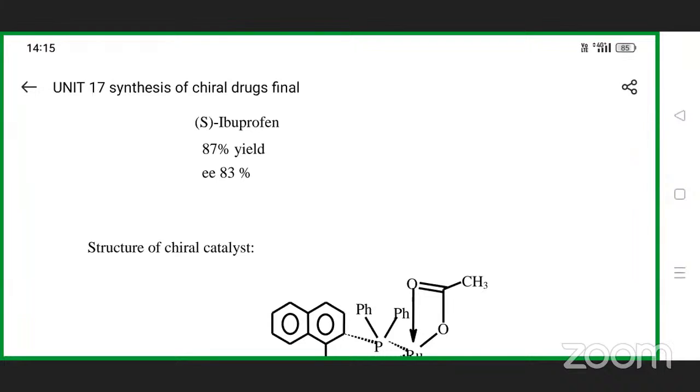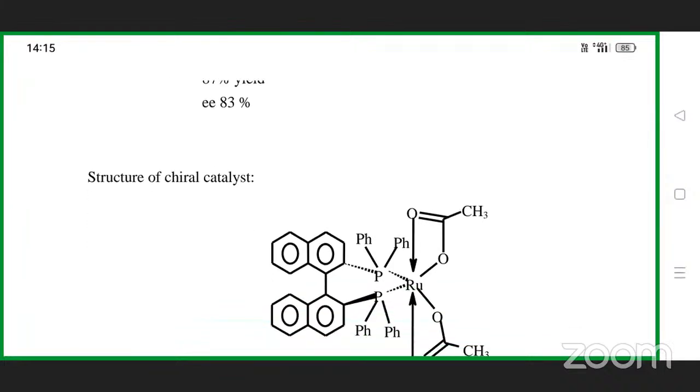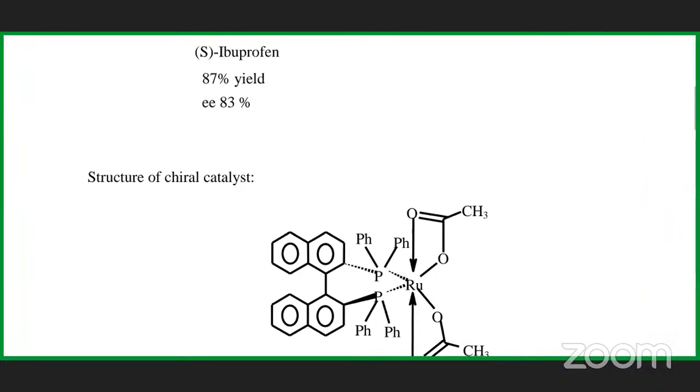Whether it is a ruthenium catalyst, a rhodium catalyst, or a copper catalyst, there are many metal catalysts, and they are highly expensive. It is worth nearly 5 lakhs, 6 lakhs, sometimes 10 lakhs. Some range from 1 lakh, 2 lakhs, like that, right?